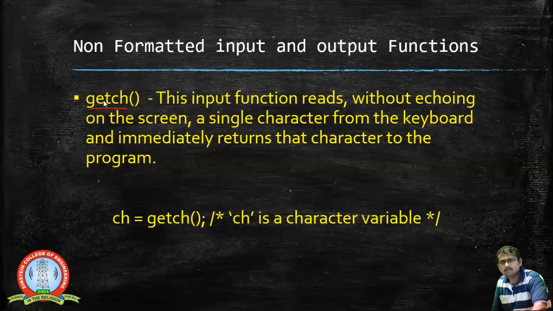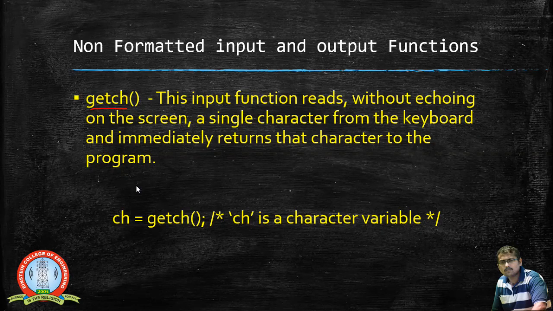That is, it won't echo the characters on the screen. After the execution, if you want to store this character in a variable, you can write ch is equal to getch, and if you try to print this ch, it will return the character you have typed.